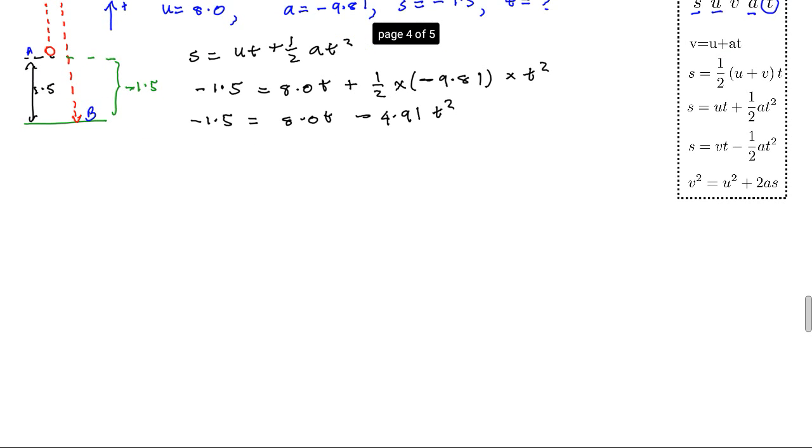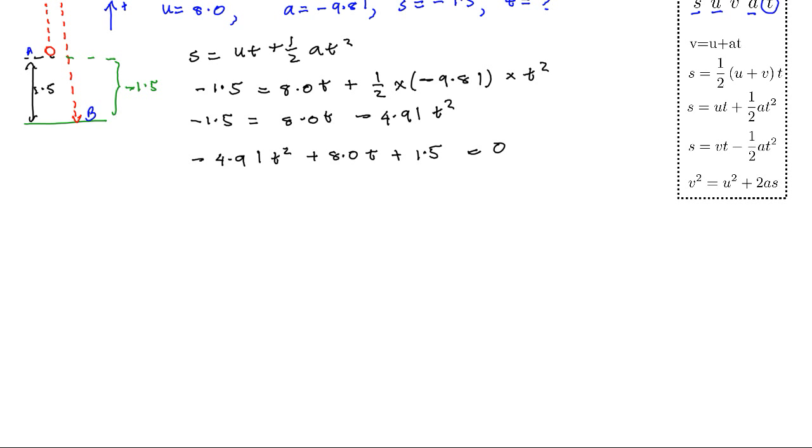So let me rearrange this into the general quadratic form. So I have an equation that is minus 4.91 t squared plus 8t plus 1.5 is equal to 0.